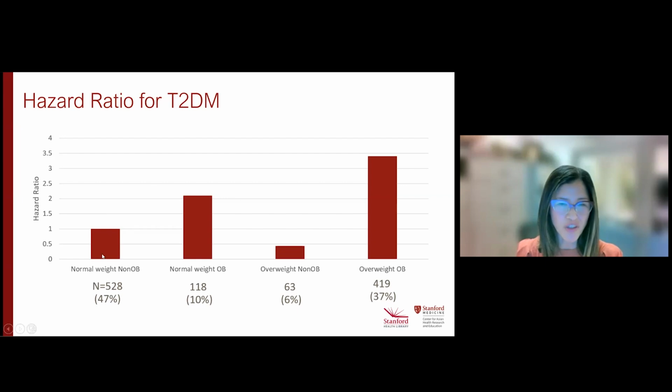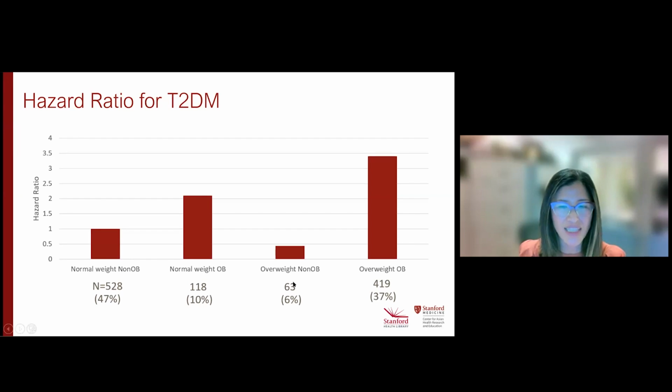So the first and the fourth bars are what you would expect. They align to how we think about the issue. And that also represents where most of the individuals are. So 47% were normal, and 37% were overweight and obese. There was this category here where the BMI seemed normal, but there was high body fat, and that was 10%.